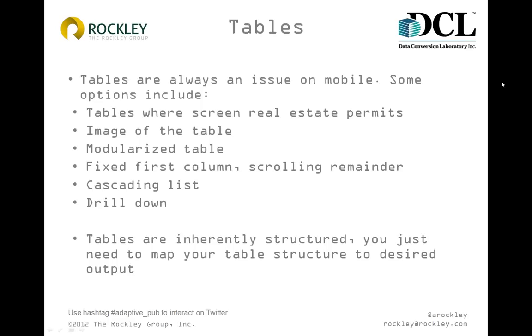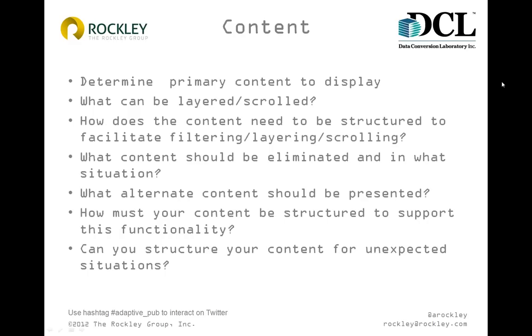We don't always have that content. So with our content, we need to ask a variety of different questions. What's the primary content that you want to display? What could be layered? What could be scrolled? How does it need to be structured so that we can filter it, layer it, scroll it?